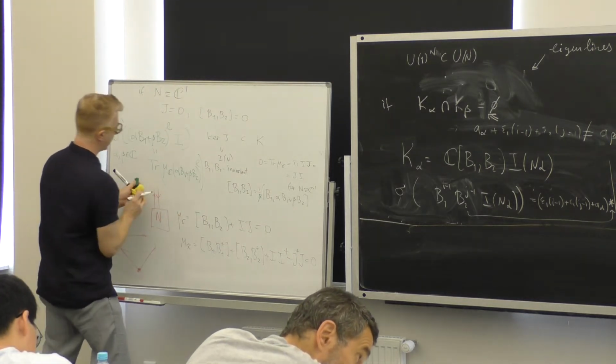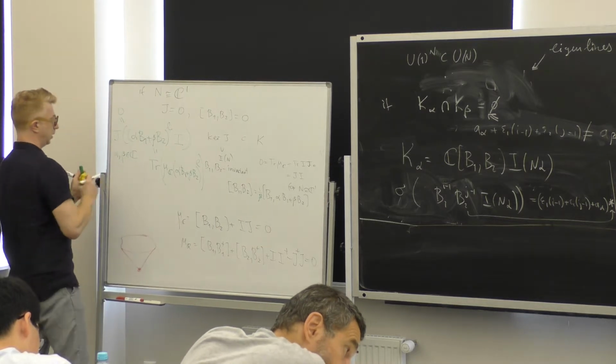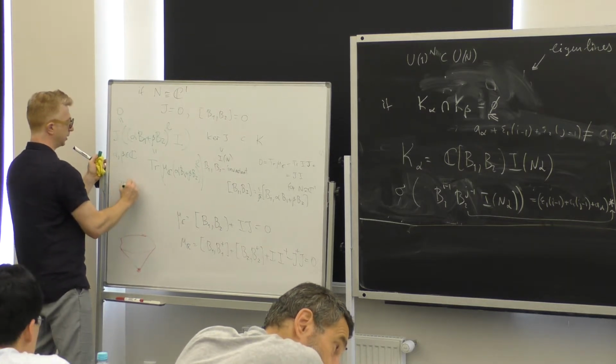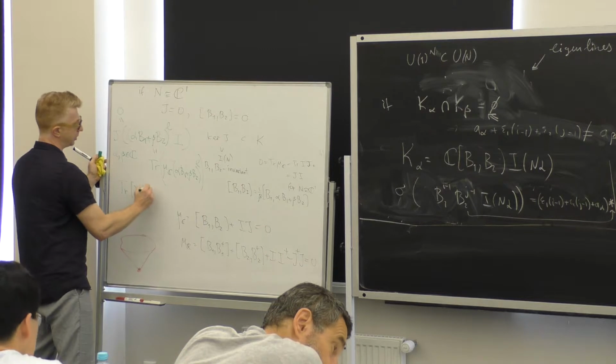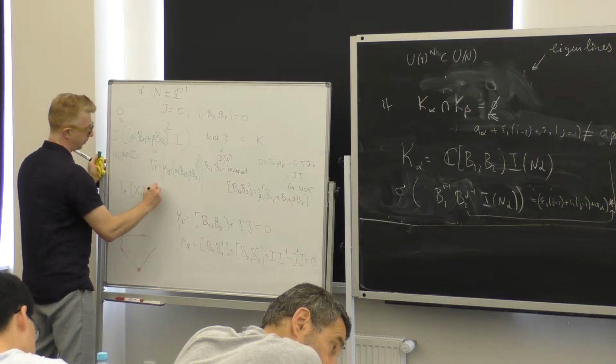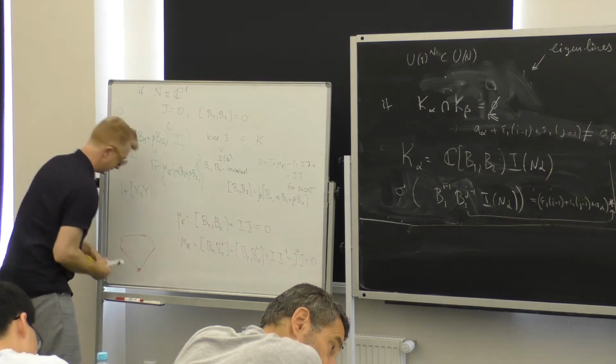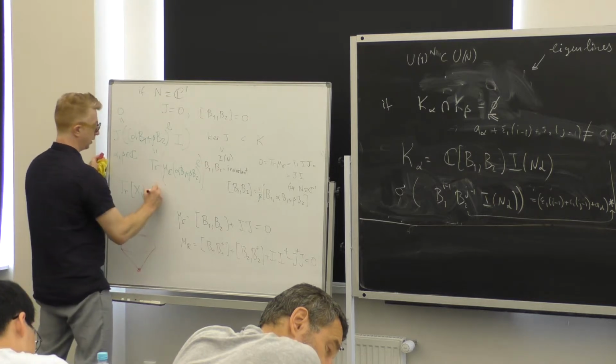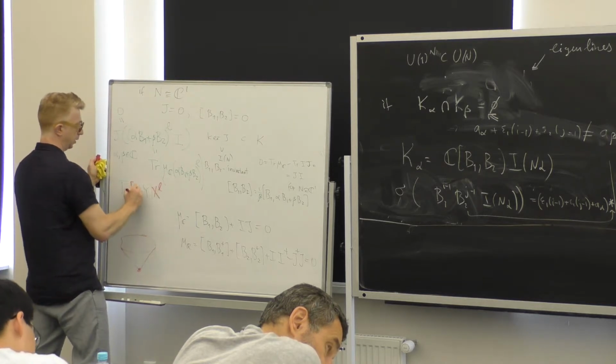And so what I have here is an expression of the form trace of the commutator of two matrices times one of these matrices to the power L.